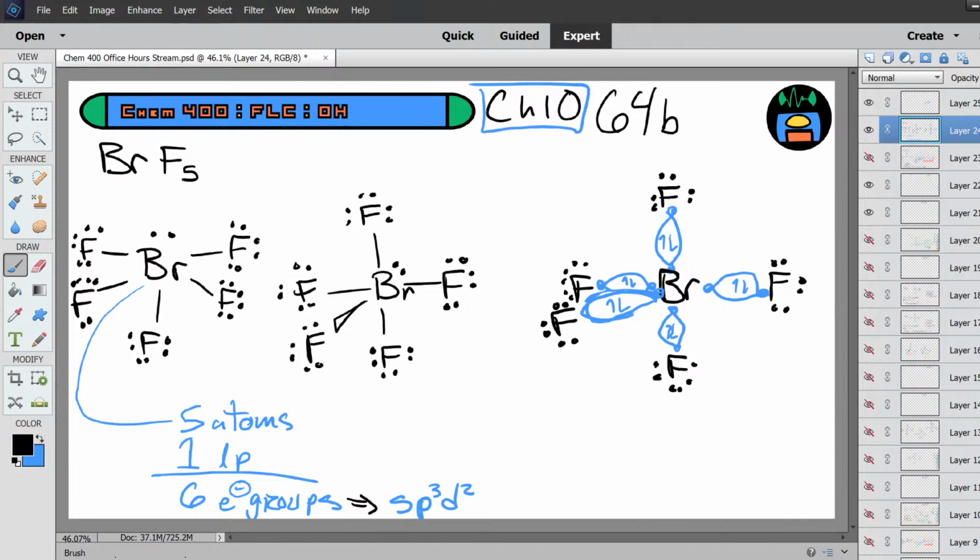There we go. So that would be, oh, and let's not forget, bromine still has a lone pair. So that would be BrF5, which was part B.